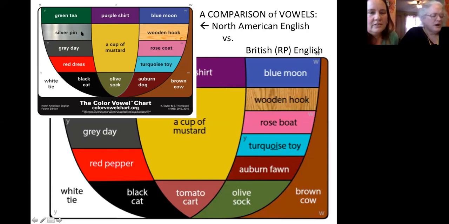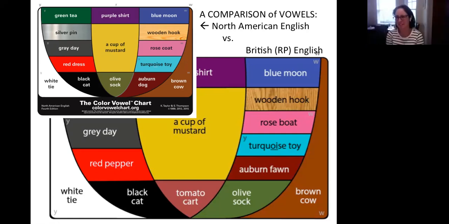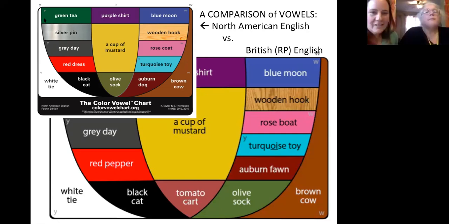fear. So the older pronunciation, if you're very posh, would be fia. We have nothing to fia. But a more modern pronunciation would be start lower at silver pin, fia.